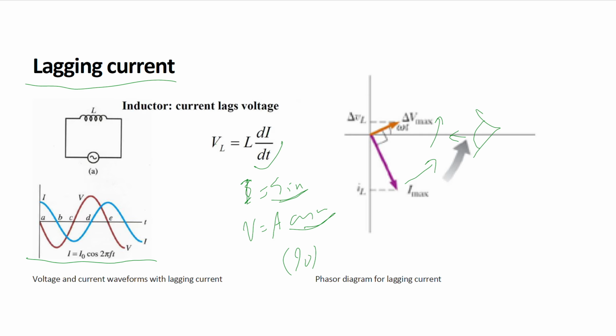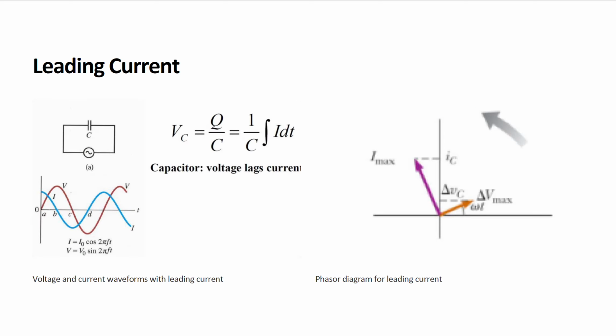From the time domain, you can see that the voltage crosses the zero line at A, and 90 degrees later, the current crosses the zero line at B. So the current lags the voltage. You can also see it from the peak. Voltage gets to the peak before the current. So the current lags the voltage.